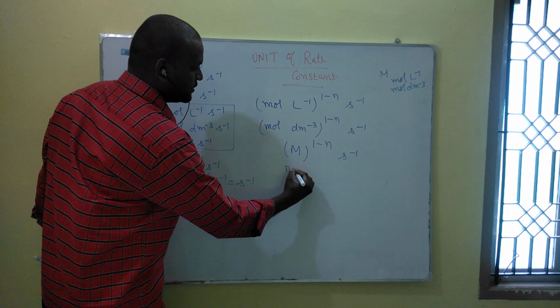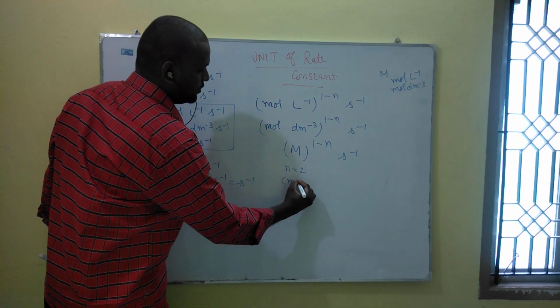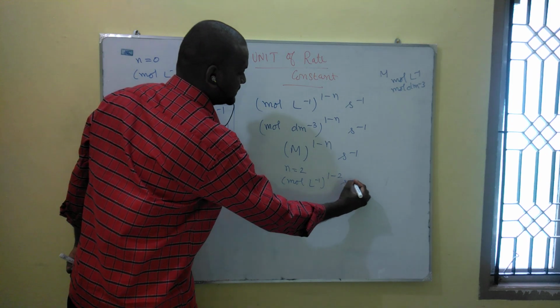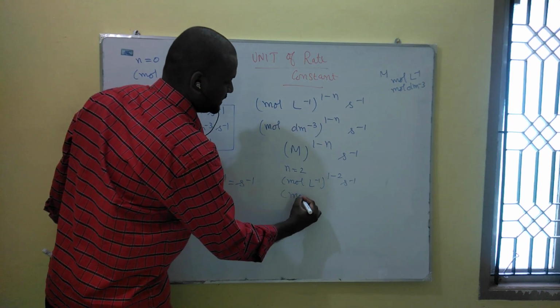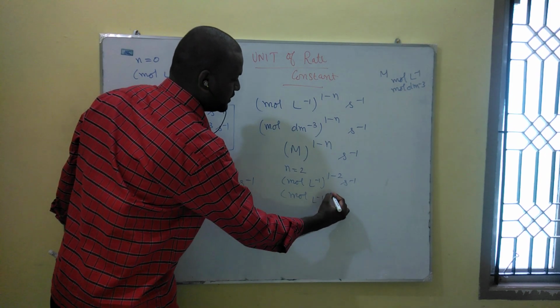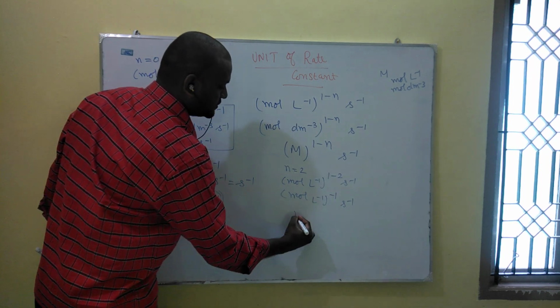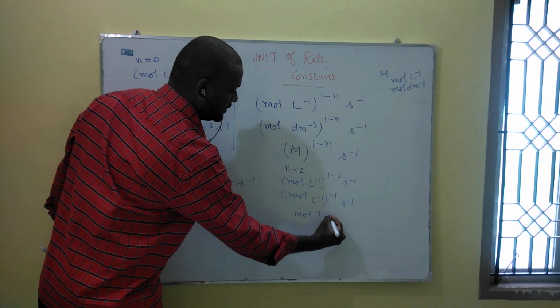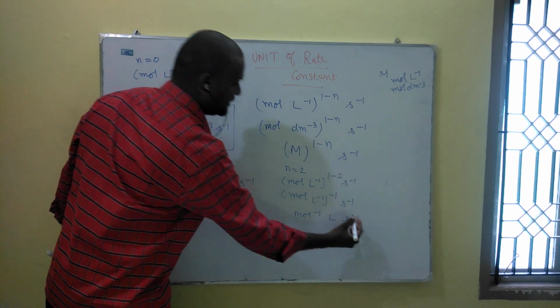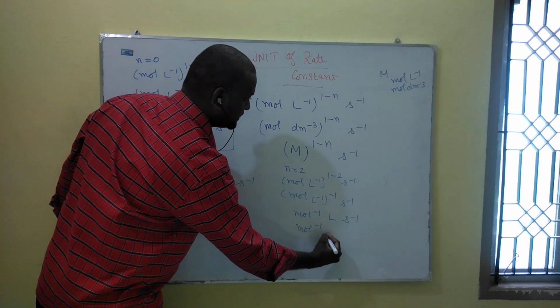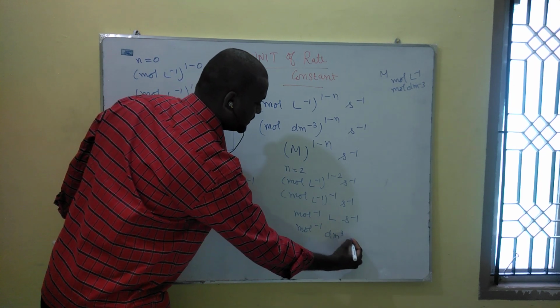Suppose you take n is equal to 2. Here mole per liter power 1 minus 2 per second. So we will have the answer mole per liter power minus 1 per second. Minus 1 gives us per mole liter per second. In terms of decimeter cube, per mole decimeter cube per second.